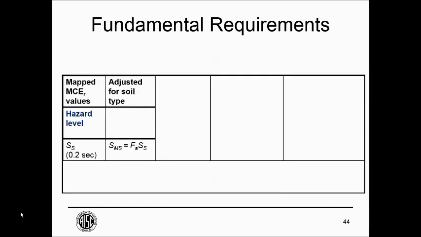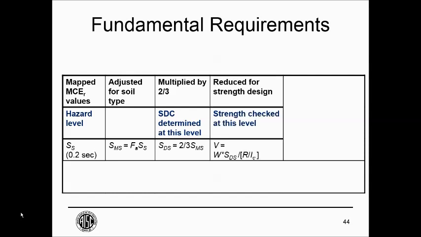So we start with, say, at the short period, the short period acceleration corresponding to the MCE, modified by soil type, multiplied by 2/3 to get us to the so-called design level. Then we divide by R over I sub E to give us our design base shear.